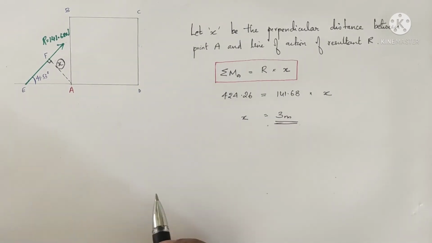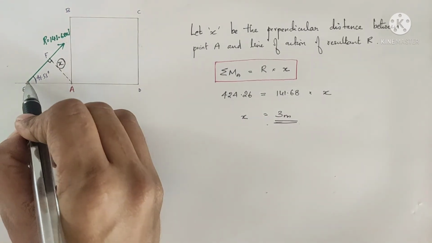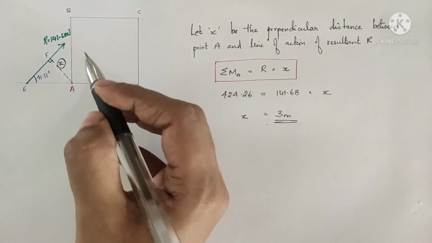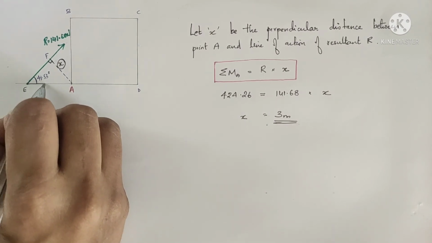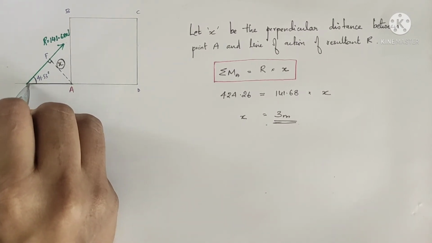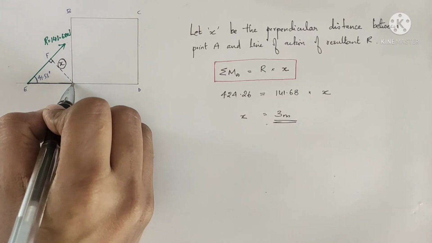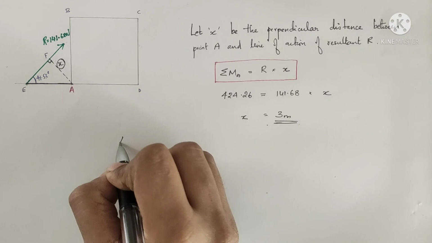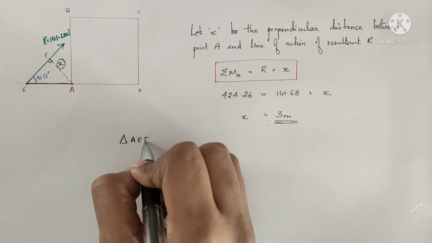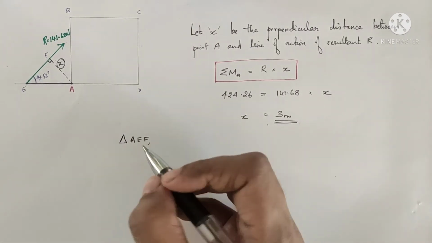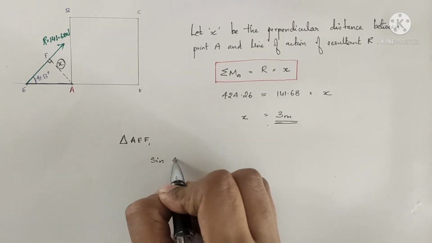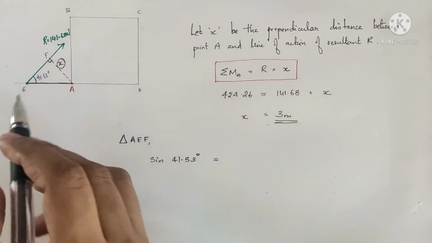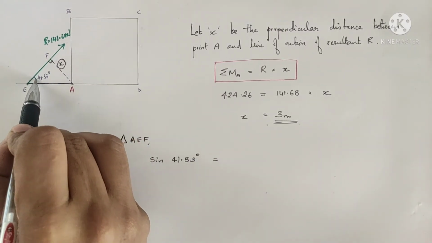Now in the question what is asked is the position of the resultant force R with respect to E. That is, we have to find this distance AE. So for this, consider the triangle AEF. Now we can find sine 41.53 degree is equal to, what is sine of this angle?